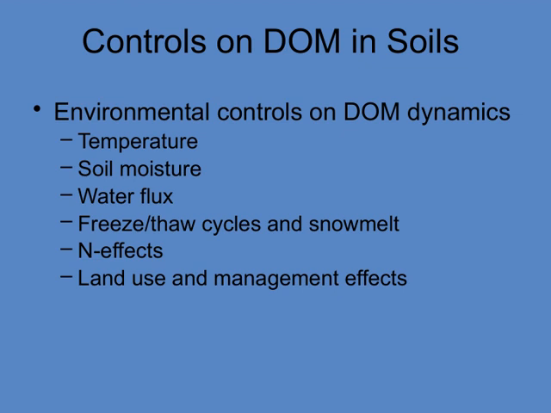Lastly, land use and management practices can dramatically alter DOM dynamics, whether through agriculture, deforestation, or urbanization. These activities modify the soil environment and its capacity to store or release DOM. Overall, these controls highlight how interconnected and dynamic DOM in soils truly is, emphasizing the importance of understanding these factors to better manage soil health and carbon cycling in our ecosystems.